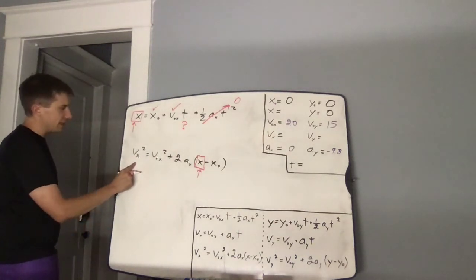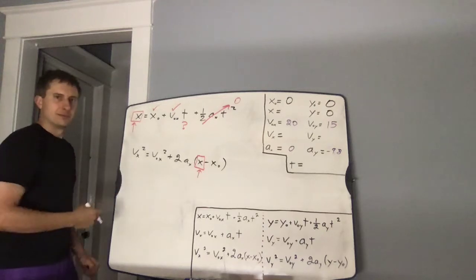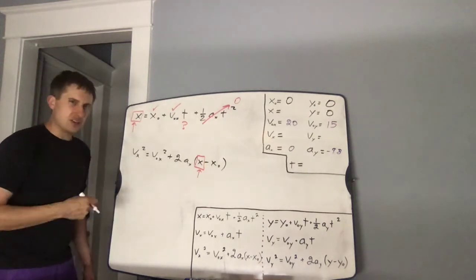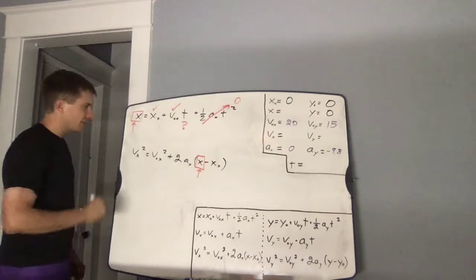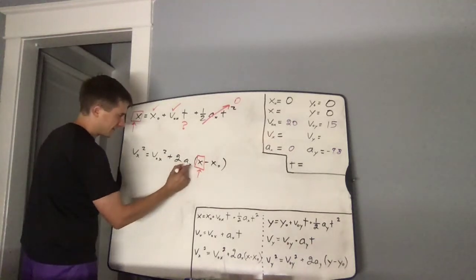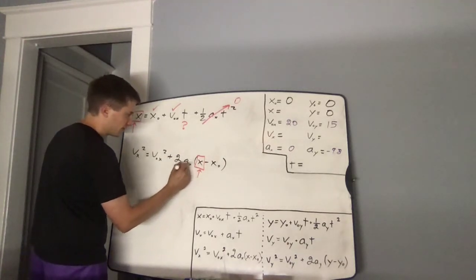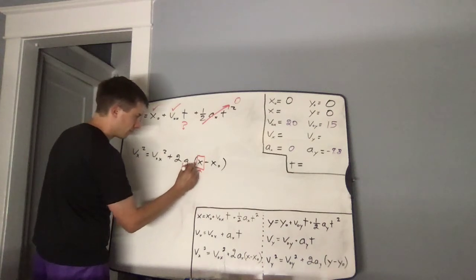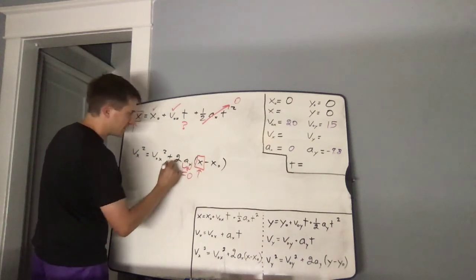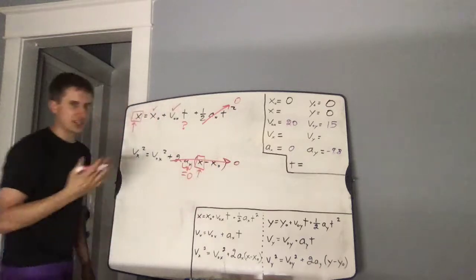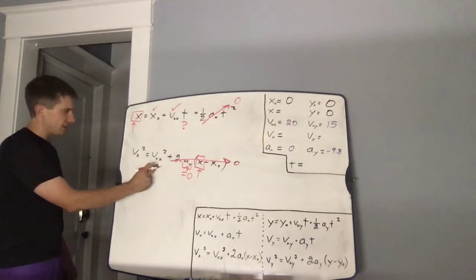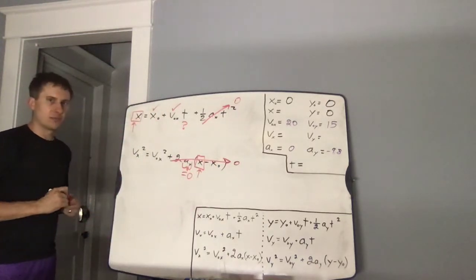Do I know vx final? Yes, I do, but I'll explain that in a moment. Here I have an ax, and ax here is equal to 0. So that means this entire term is going to just be 0, and that means vx initial is equal to vx final.